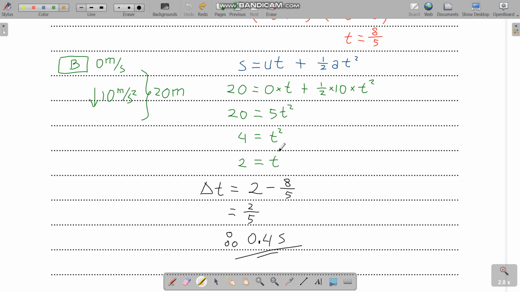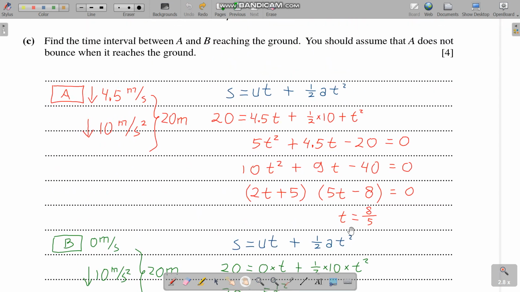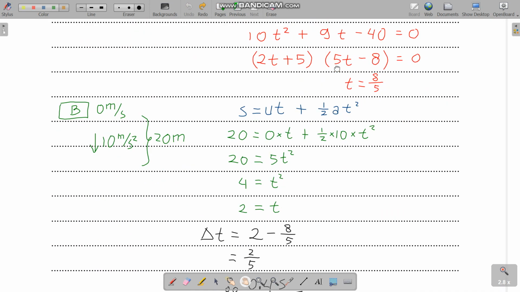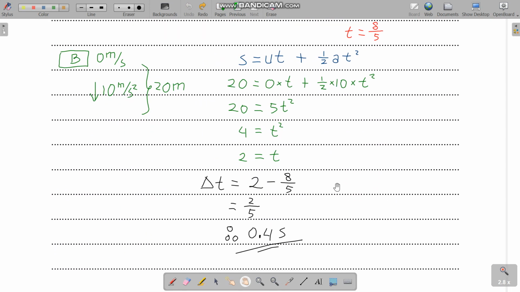The question is the time interval, so the difference in the time. So we subtract. B falls later, A falls first, and then we subtract here. We get the difference in the time, or the time interval between A and B reaching the ground. So the final answer is 0.4 seconds.